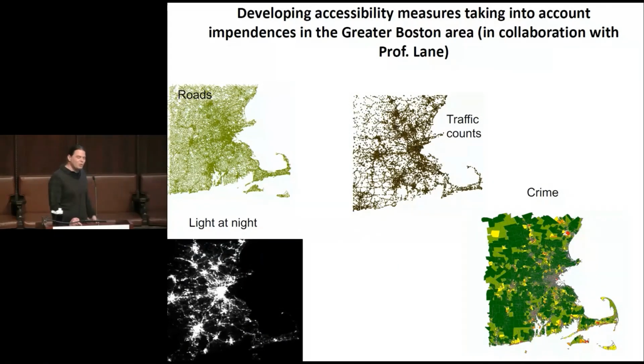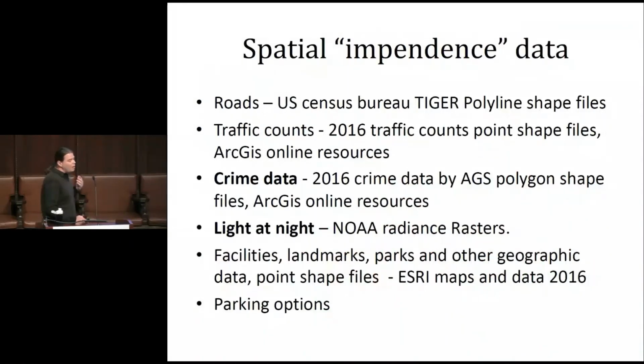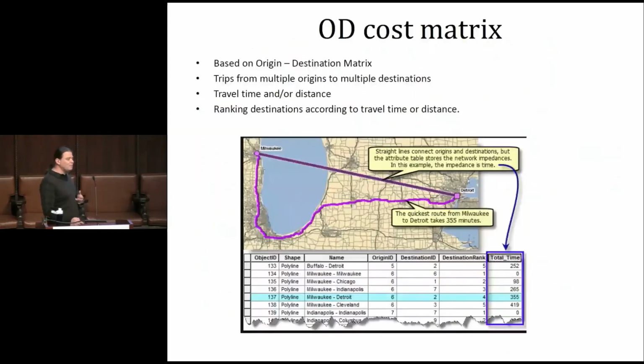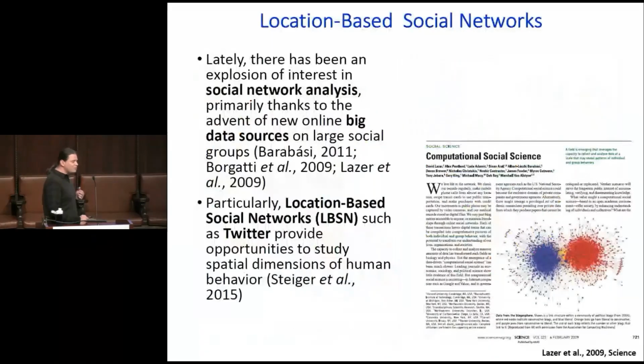This is work in collaboration with Dr. Kevin Lane, or Professor Kevin Lane, taking into account the origin-destination matrices, but introducing spatial impedances, discussing how crime, light at night, facilities, parking, affect your accessibility to different domains, such as education, facilities, green parks, health facilities, and so on. This is an example of some of the preliminary results looking at accessibility in Boston to educational facilities.